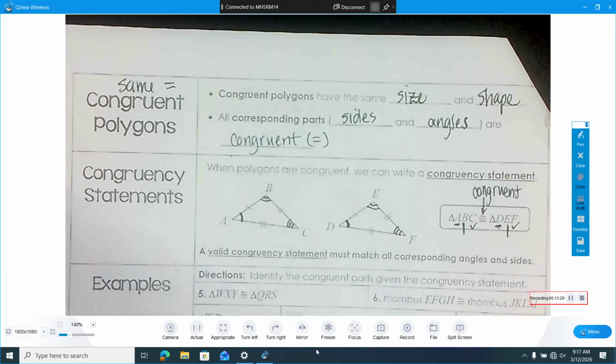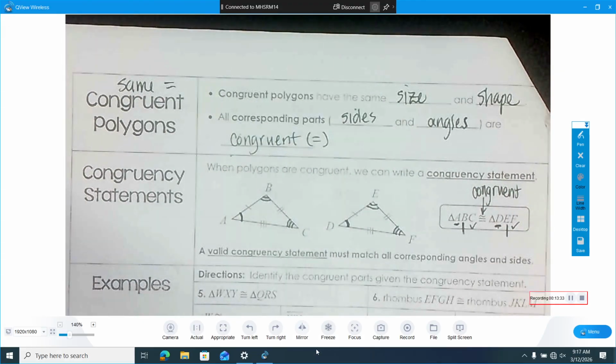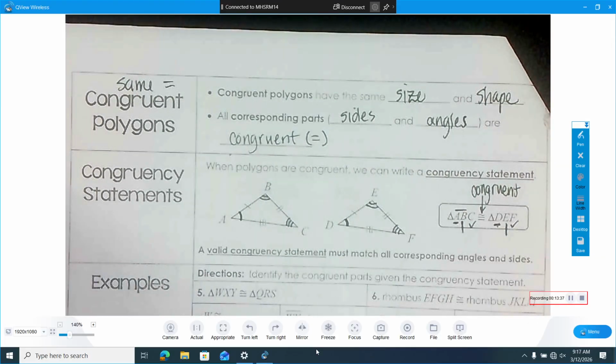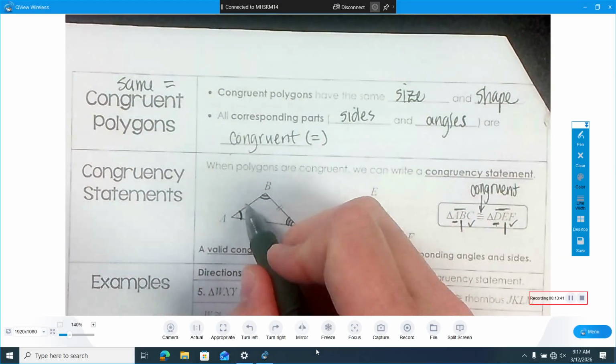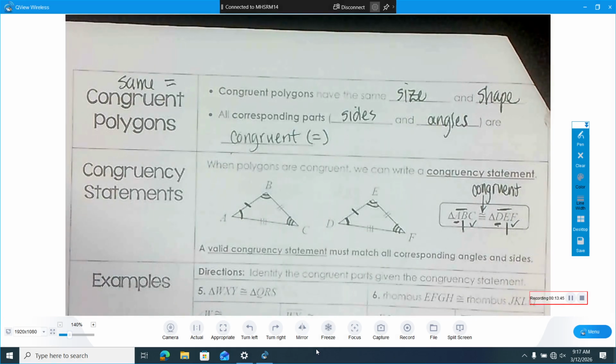In the same way, the sides also match, and you can see the sides come from the same congruency statement. A, B are right next to each other. That corresponds with D, E. They're the first two positions. So this is A, B corresponding with D, E. Does that make sense to you?